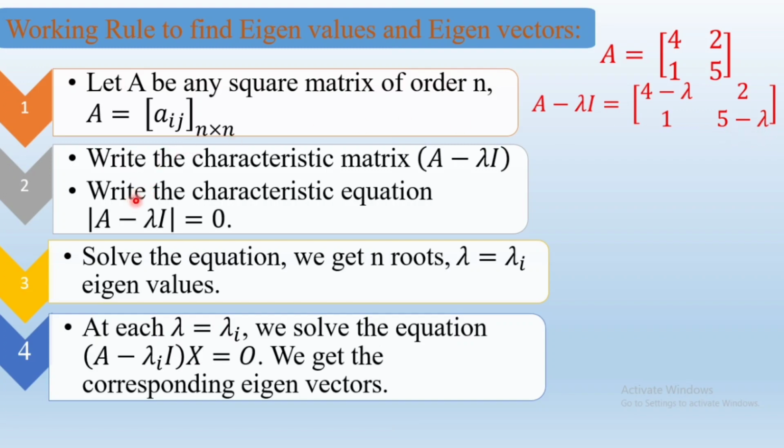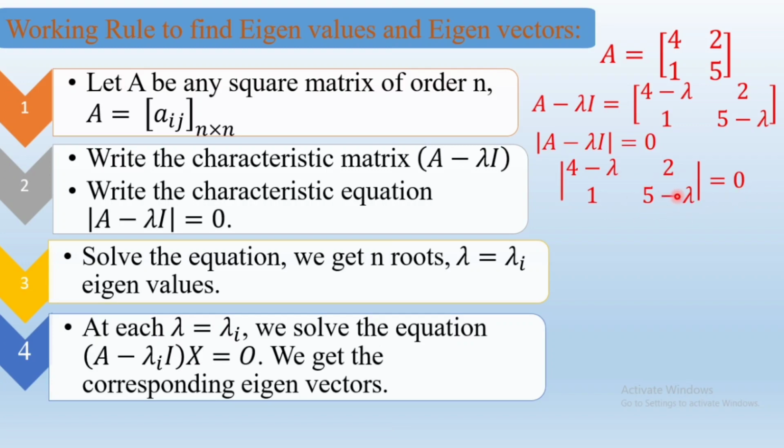And then write the characteristic equation: determinant of A minus lambda I is equal to 0. Now apply the determinant to this matrix. That means we get the determinant of 4 minus lambda 2 1 5 minus lambda that is equal to 0.